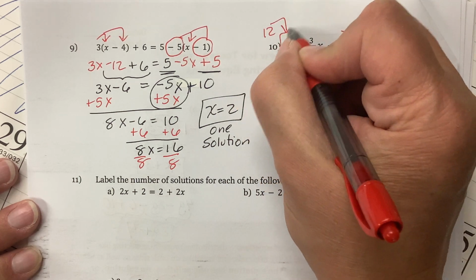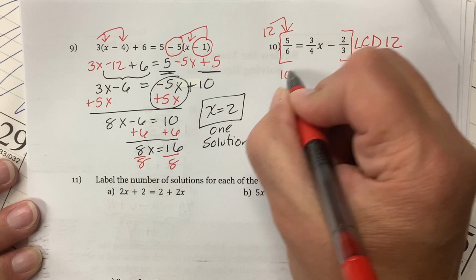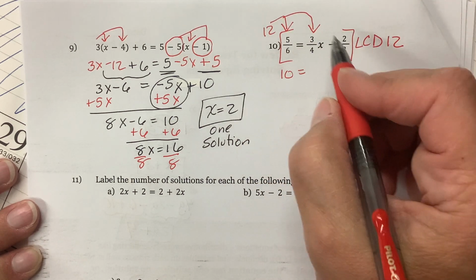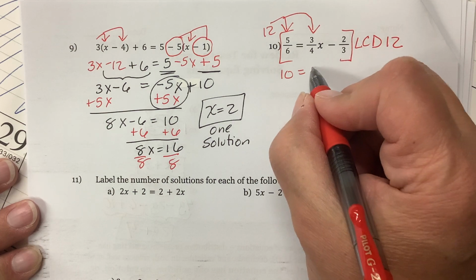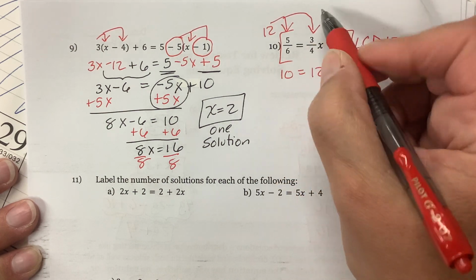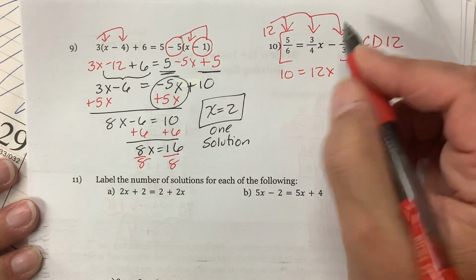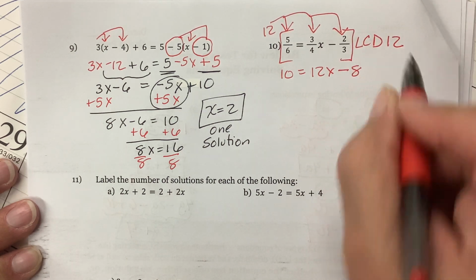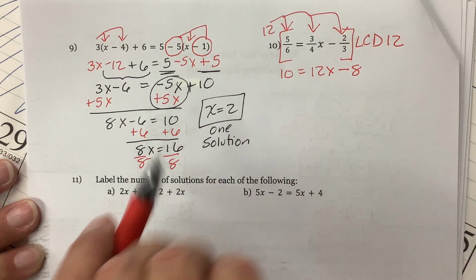12 times 5/6 is 10. 12 times 3/4x is 9x. And 12 times 2/3 is minus 8. Let me double check that. 10 equals 12x minus 8.